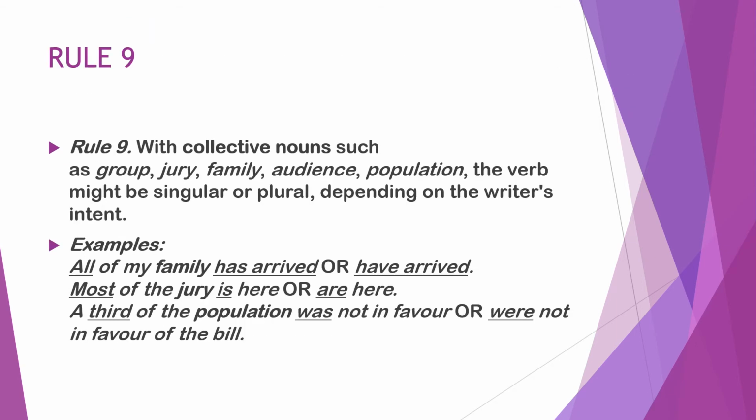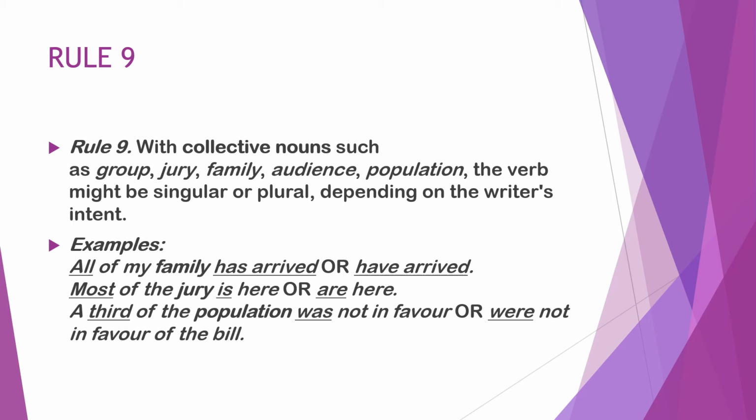Rule number 9. With collective nouns such as group, jury, family, audience, population, furniture, the verb might be singular or plural depending on the writer's intent. Family is a group, so "my family has arrived." But you can say "have" if you know the number.